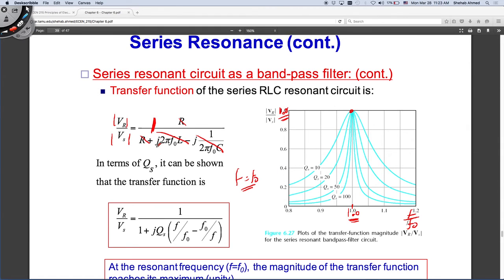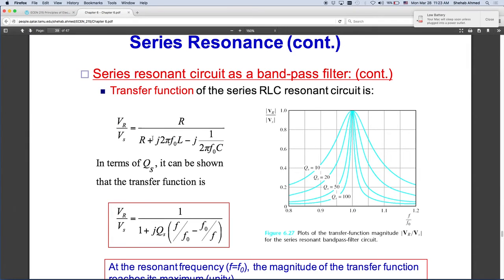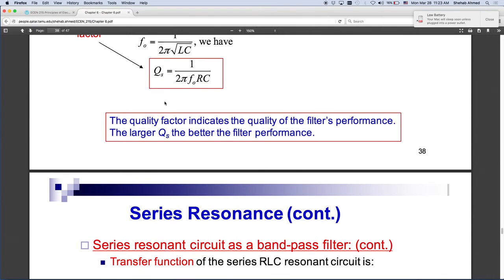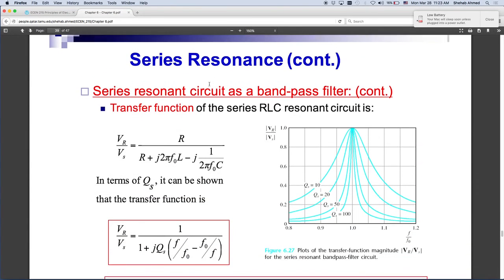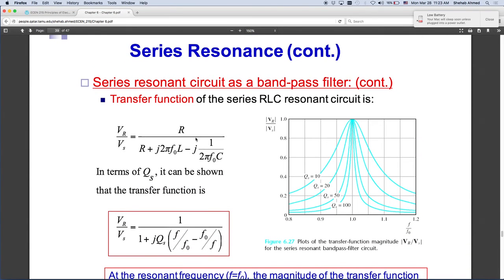Okay, so they rewrote this in terms of quality factor. They reordered the terms, and they used the definition for quality factor that we derived in the previous slide. So Q is equal to 1 over 2 pi f naught RC, and they rewrote this down.